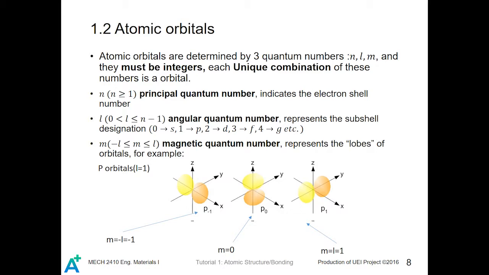For example, the following examples described in the graphs are for p orbitals, in which l is equal to 1, so we have three possible values for m: m equals negative 1, m equals 0, and m equals 1. And you can see that the orientations are different.